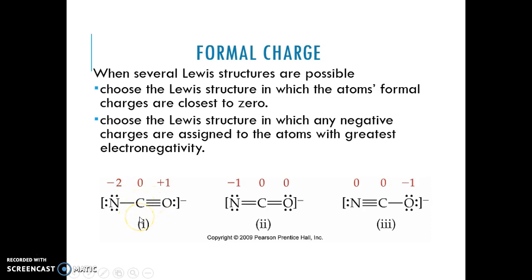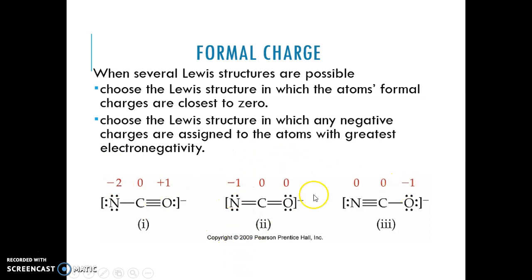So its formal charge is 0. And then oxygen is actually short one. 1, 2, 3, 4, 5 electrons are assigned to it, but it's really supposed to have 6. So oxygen gets a +1. That's not really good numbers. Oxygen is most electronegative. It should have the negative. And anytime you give something a formal charge of 2, that's kind of bad.